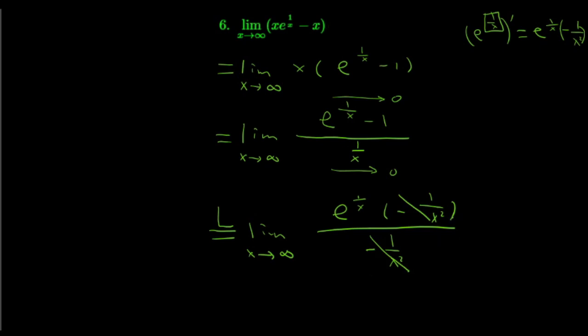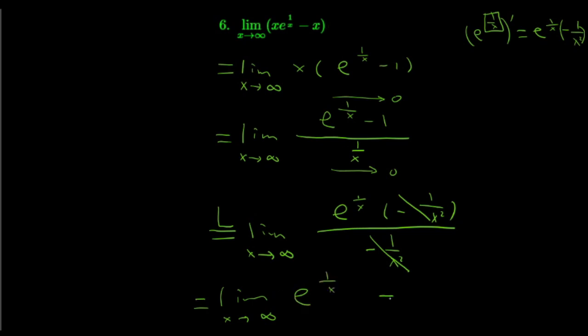That's why we can cancel out a non-zero factor. So I think I have enough room to finish this. We end up with the limit as x approaches infinity of e to the power of 1 over x.